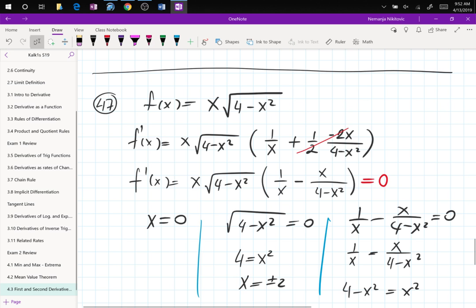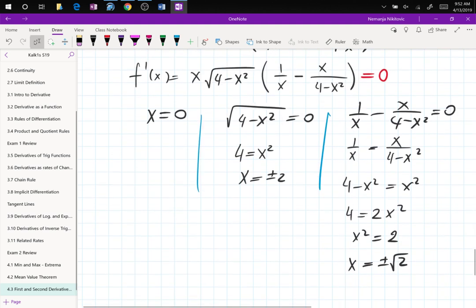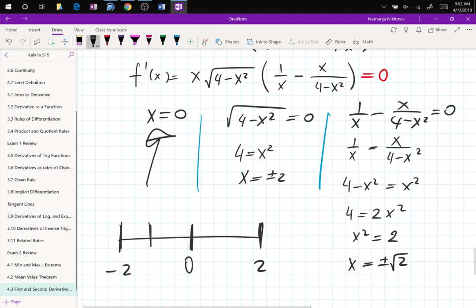You see that? So now, if I am to do the partition, I'm not doing the partition from infinities. I'm doing the partition between negative 2 and positive 2 because the domain of the function requires it. Now, I still have a partition at 0 because of this, and I have the other 2 partitions as well at negative root 2 and positive root 2 because of that.